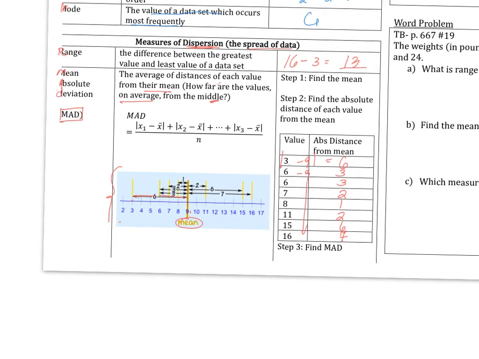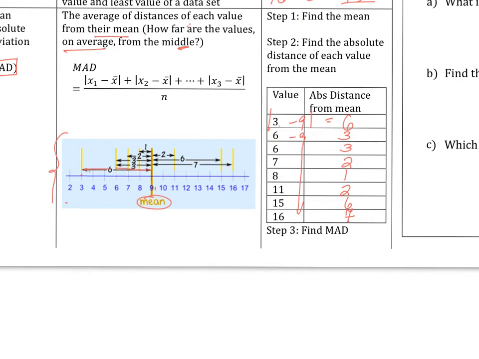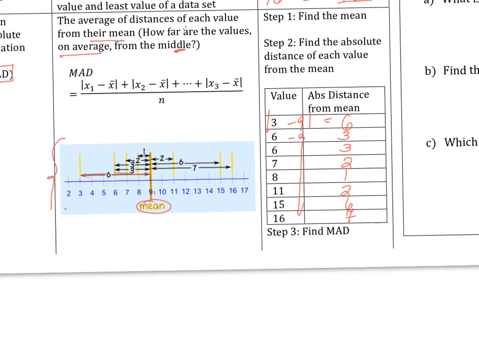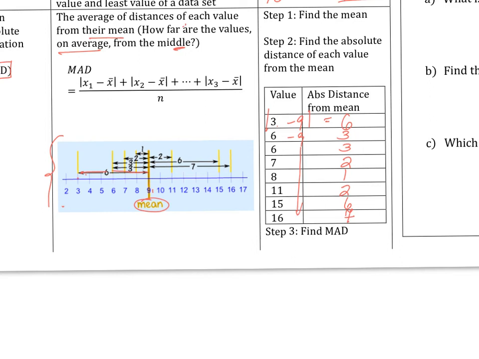And in this picture here, it illustrates the distance from each point. Okay, so from 6, we have the distance of 3. 7, we have a distance of 2. So here, and so forth.